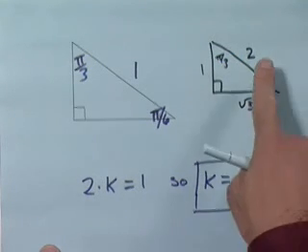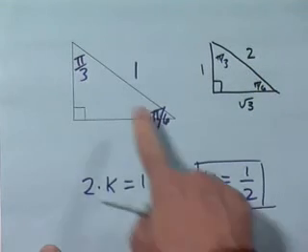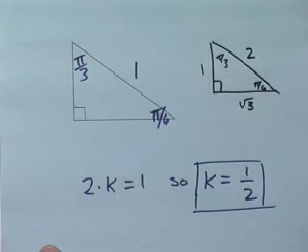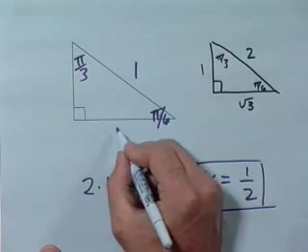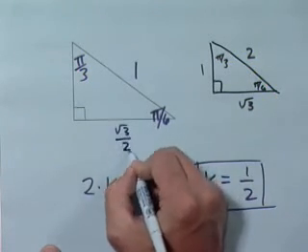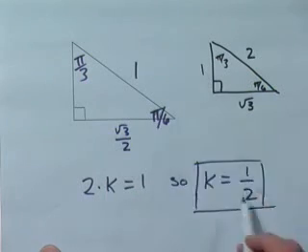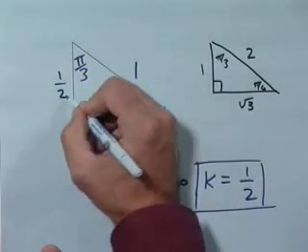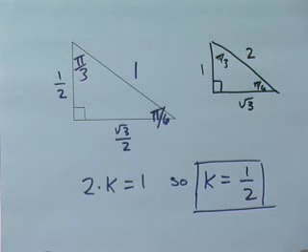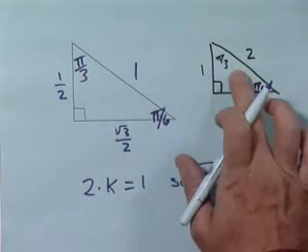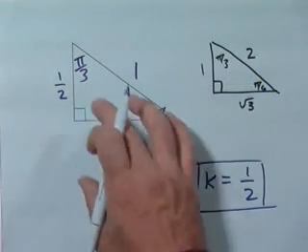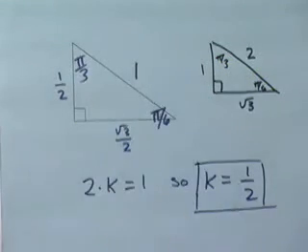Now all I have to do is take the corresponding sides and multiply it by K to fill in the blanks over here. 2 times 1/2 is 1. Square root of 3 times 1/2 is the square root of 3 over 2. And 1 times 1/2 is 1/2. And I've completed it. So again, you can see the importance of knowing our special right triangles that will help you complete these missing sides.